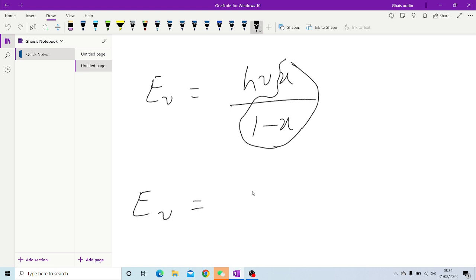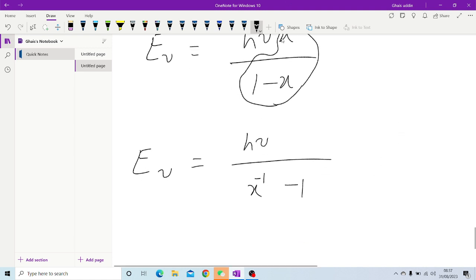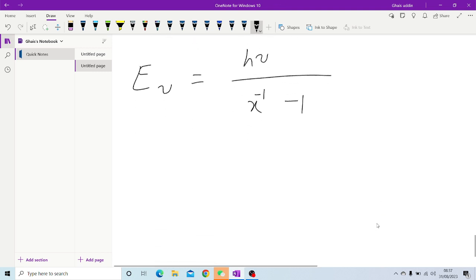This is equal to h nu divided by x power minus 1 minus 1. This is also true. We can write this like this. So this x came down, so this is minus x, and this becomes minus 1. So this is very easy mathematics. Now replace the value of our x here.